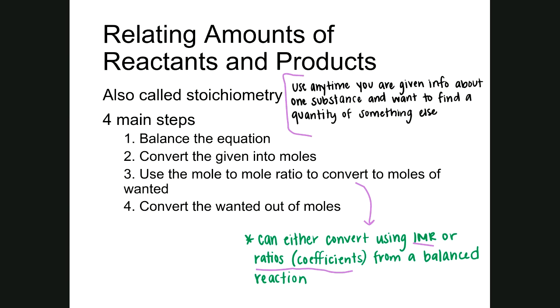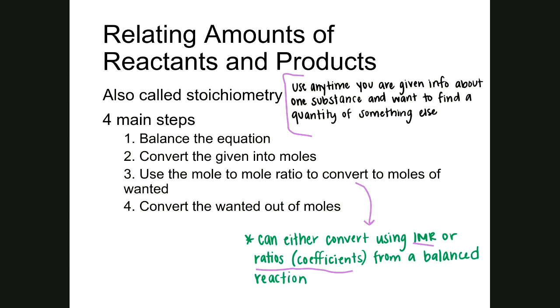And then the fourth step is to go out of moles and change the unit into whatever the question's asking for. If the question wants the answer in moles, then you're golden. You've already gotten your moles. You don't have to do any extra steps. But if the question asks for formula units or grams, then you'll need to do that last step.